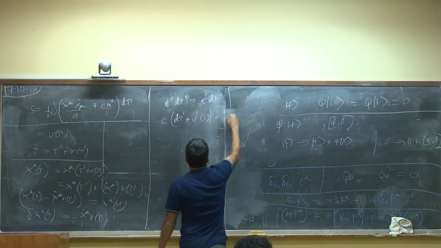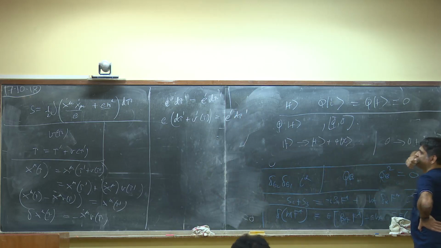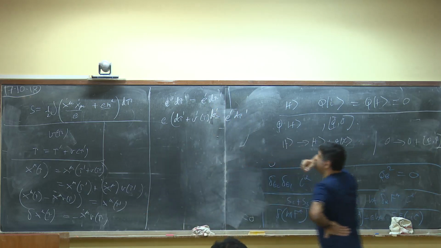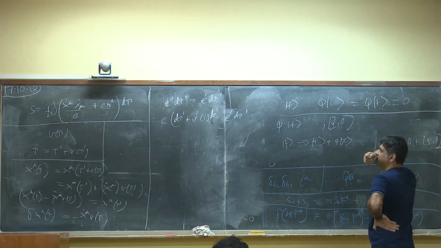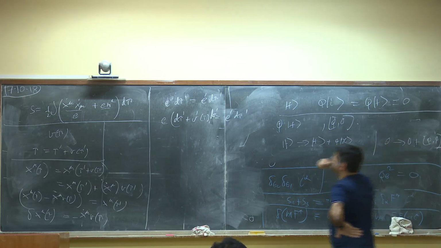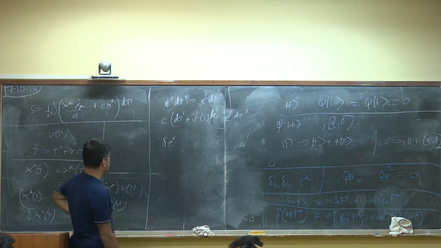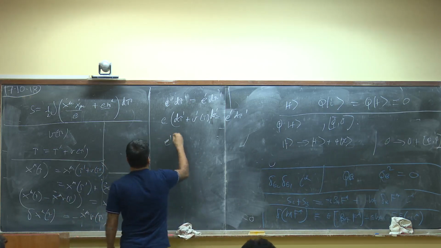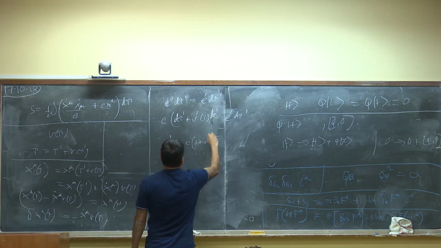Okay, that is equal to E prime d tau prime. And therefore E prime is equal to E times 1 plus V prime tau.